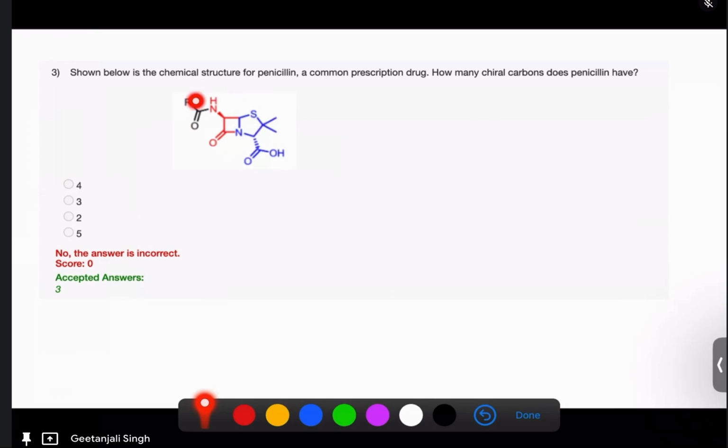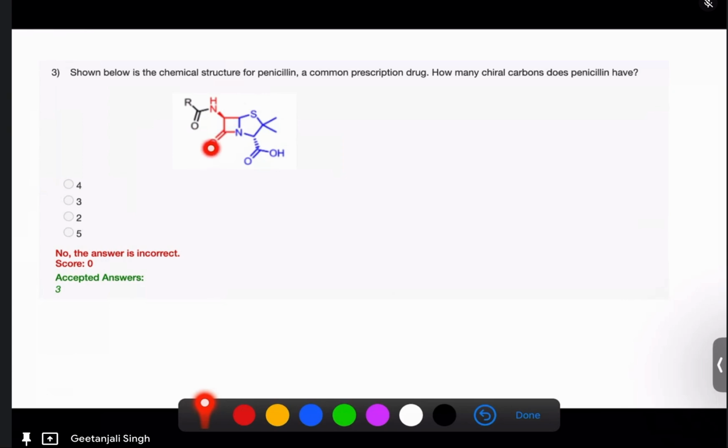Because this is not a symmetric structure, all the substituents are different. So again, this can be a chiral center, and the next carbon next to it has this group, this group and this group along with an H. All four substituents are different, so this can be the third chiral carbon.